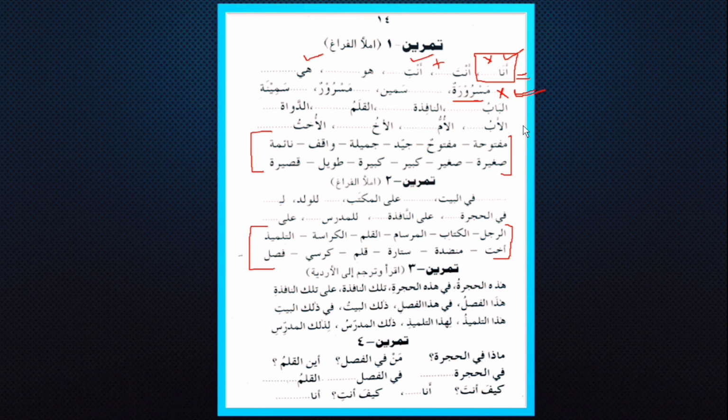One is mubtada and the other is khabar. But here we have prepositional phrase as khabar. Fil baiti. For example, here fil baiti. So this is khabar. What should we bring here to make it a complete sentence?